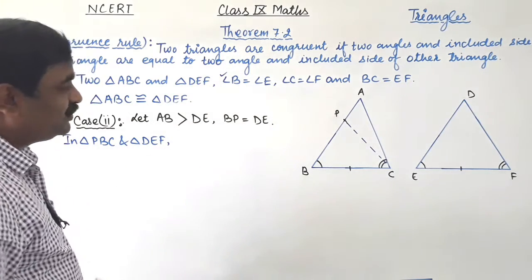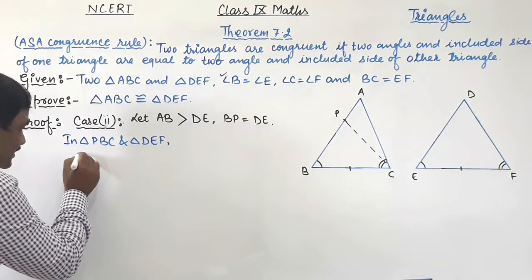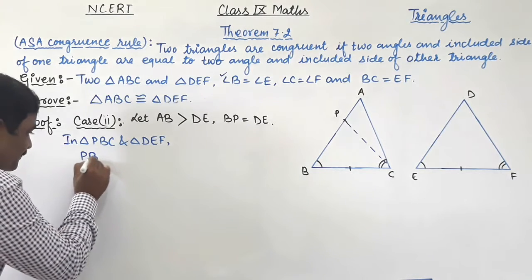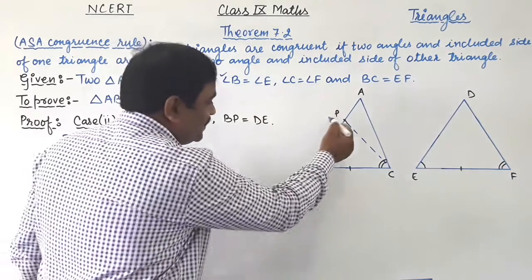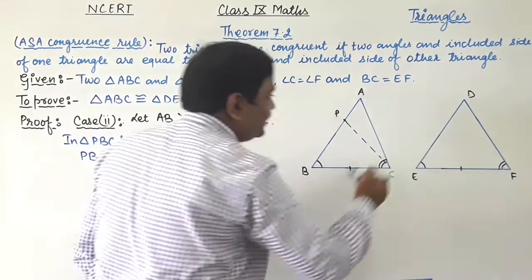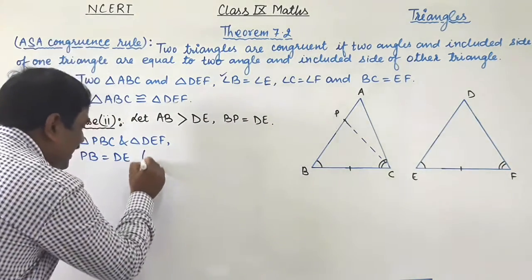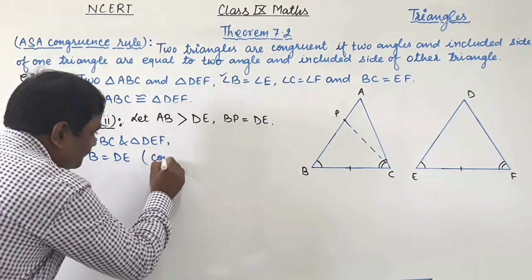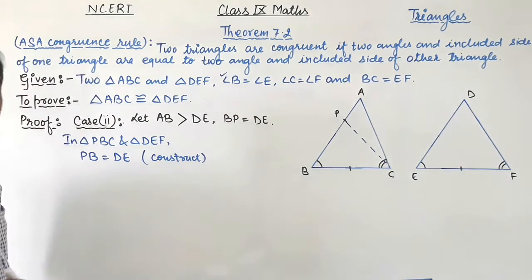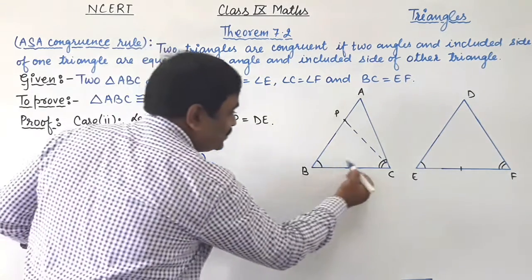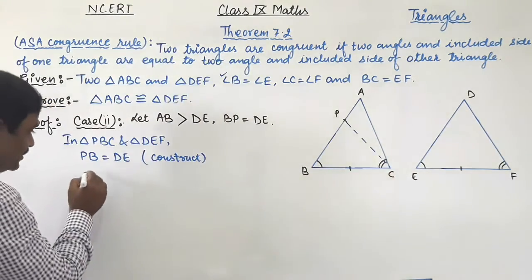When you compare these two triangles, PB is equal to DE, as you have constructed, right? After that, angle B is equal to angle E, which is given in your question.